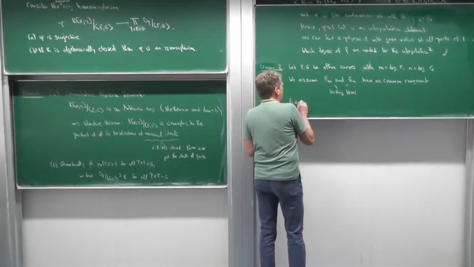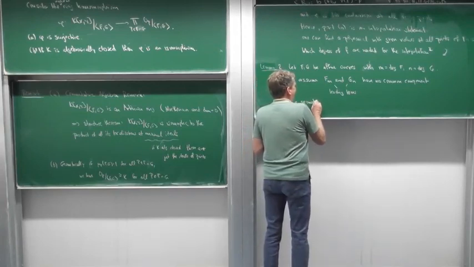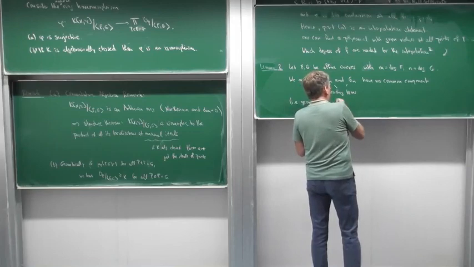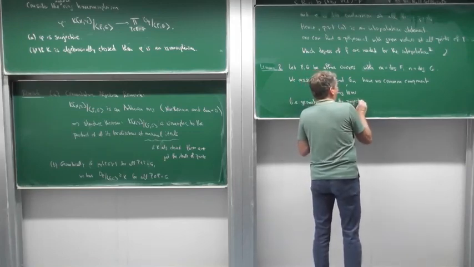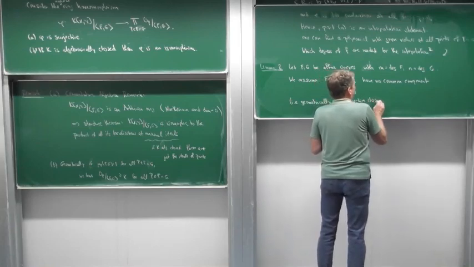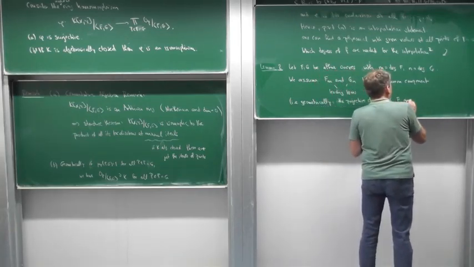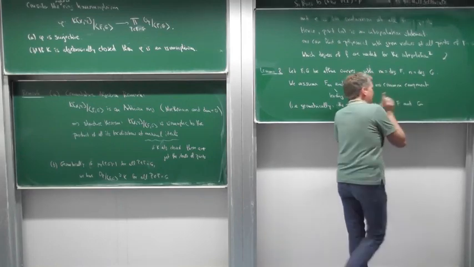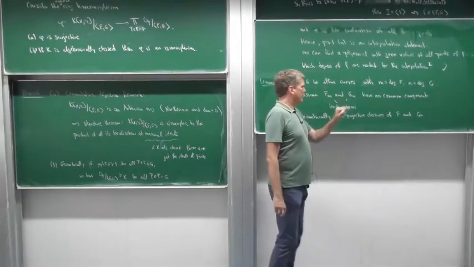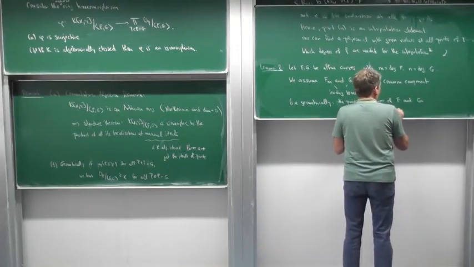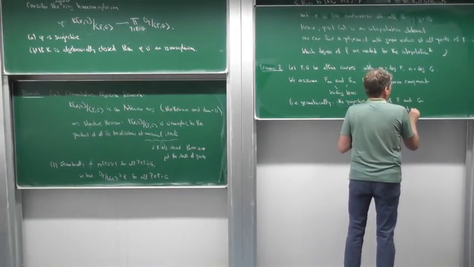So this means geometrically that the projective closures of f and g, which are given by the projective zero locus of F_m and G_n, don't meet at infinity.